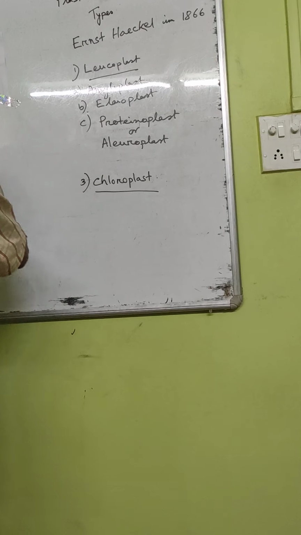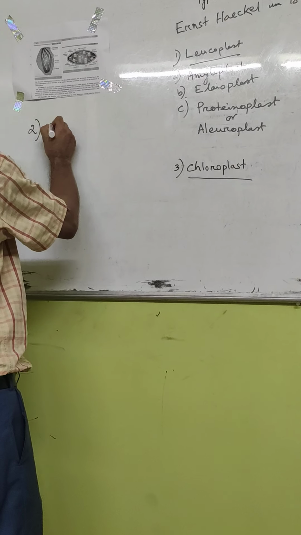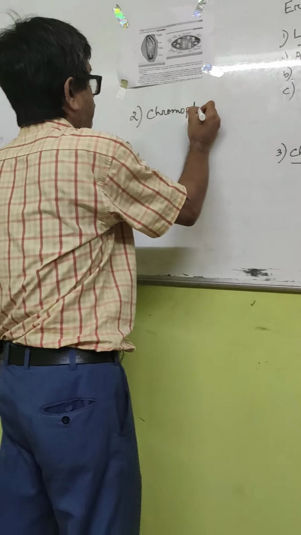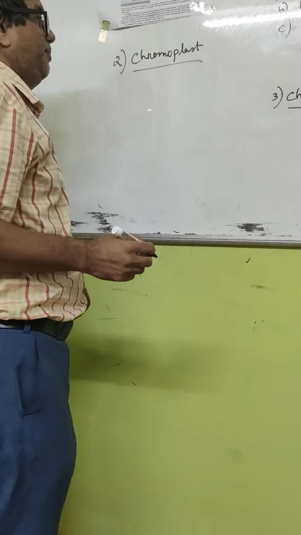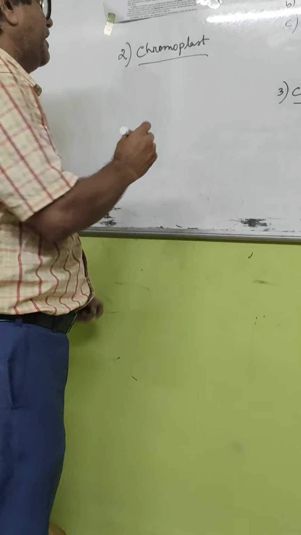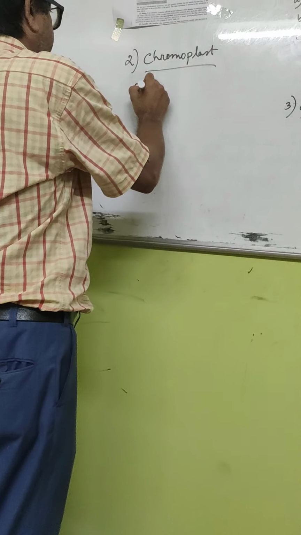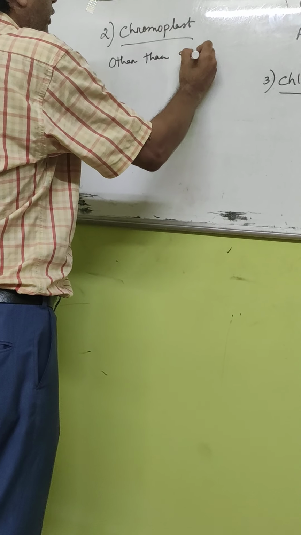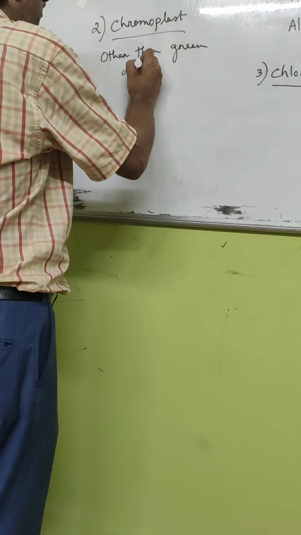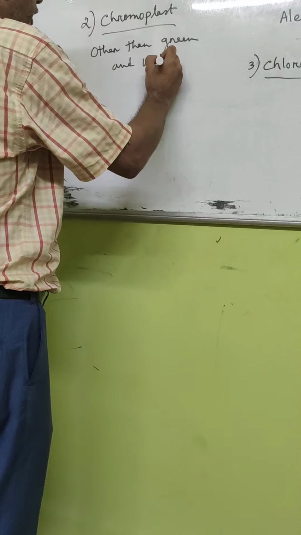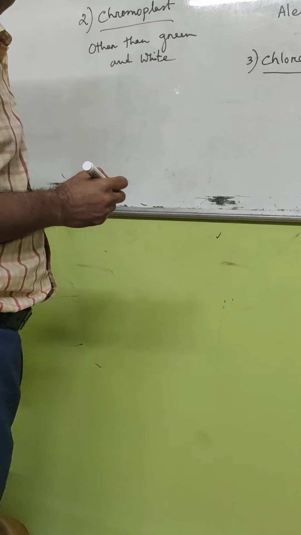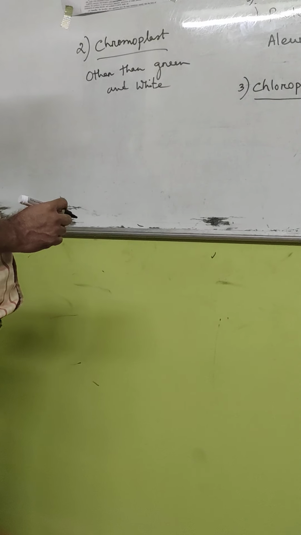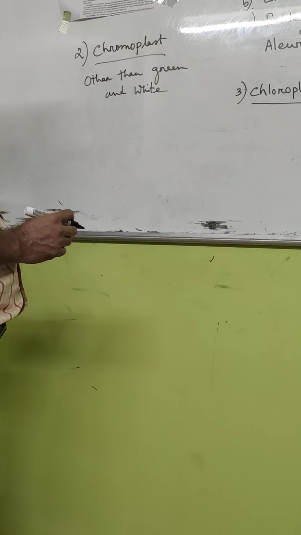Now the next one is chromoplast. Chromoplast means colored plastid, colored other than green and white. They are generally yellowish or reddish in color because of the presence of carotenoid pigments.